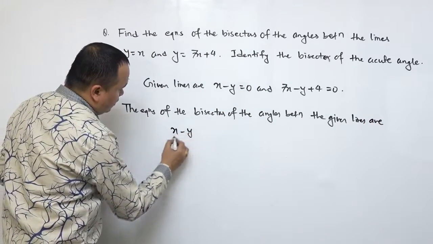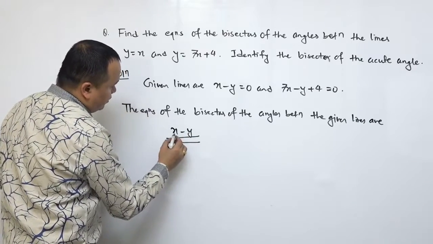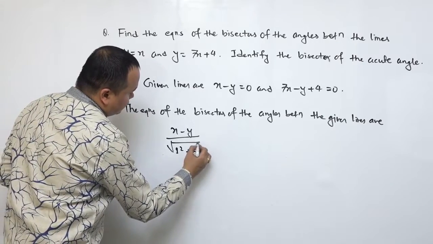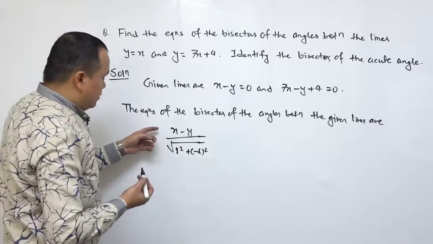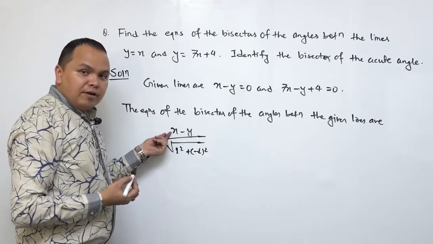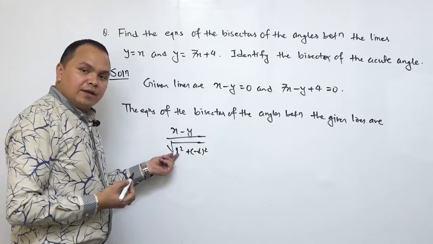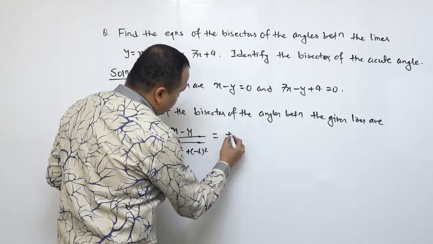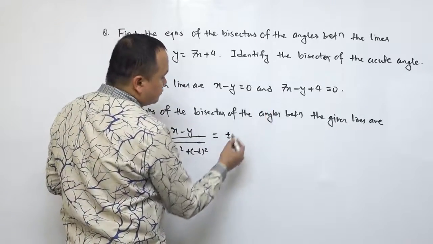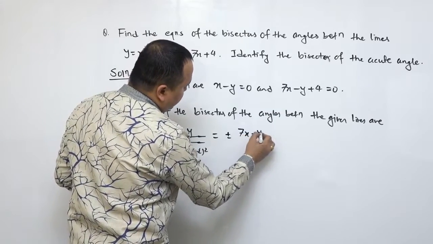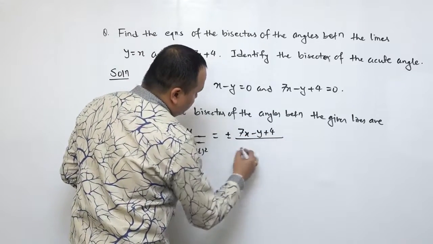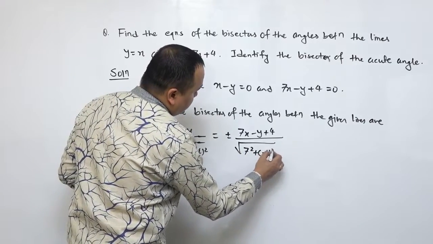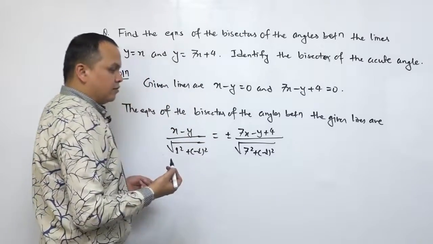x minus y upon root over 1 square plus minus 1 square, that is, a1x plus b1y plus c upon root over a1 square plus b1 square is equal to plus minus 7x minus y plus 4 divided by root over 7 square plus minus 1 square.